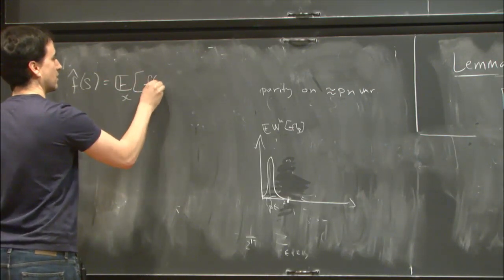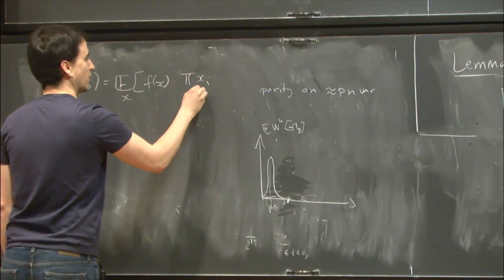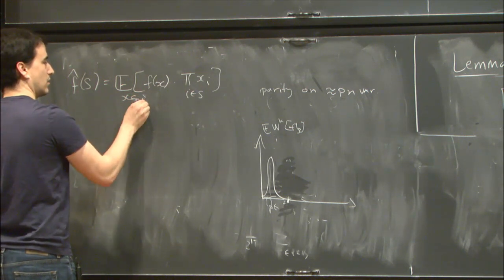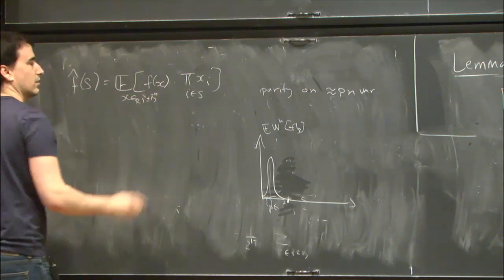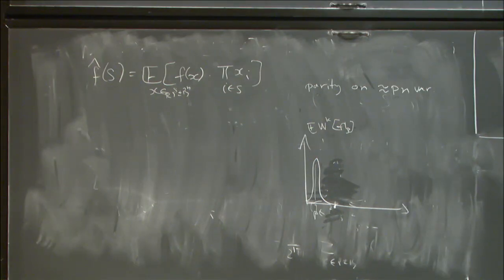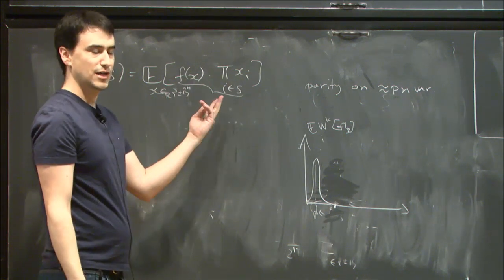Right? This is the expectation of this thing when we go over all x's. But these numbers are plus or minus 1s.